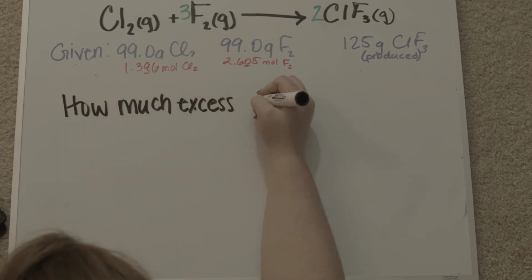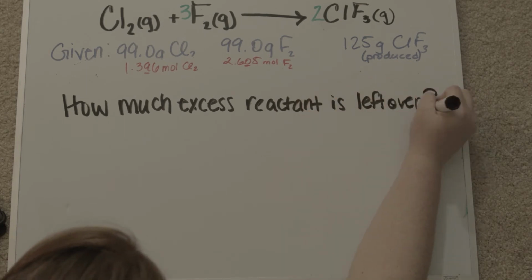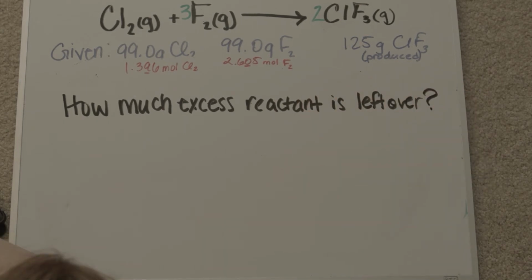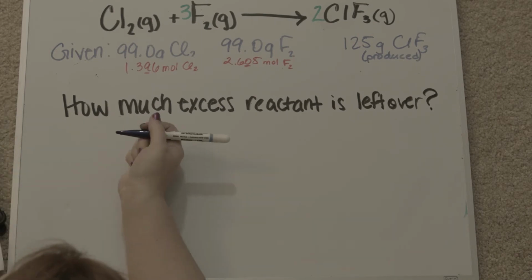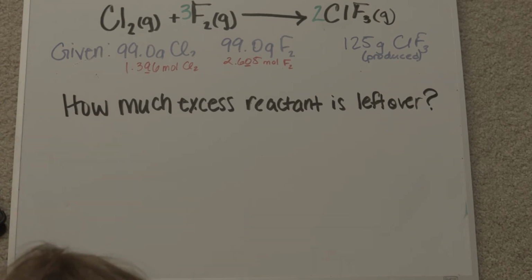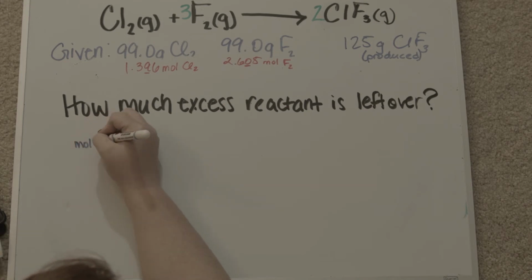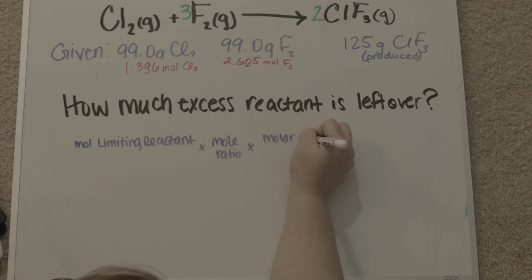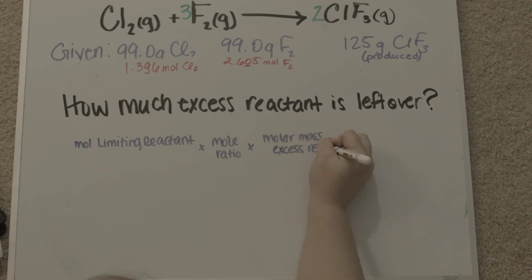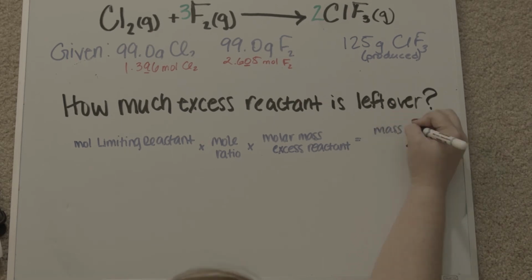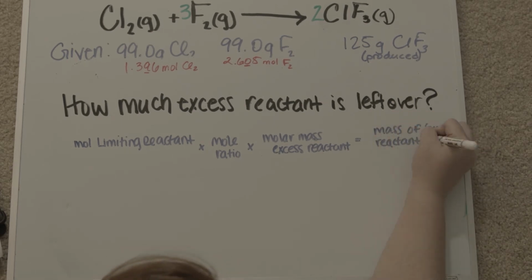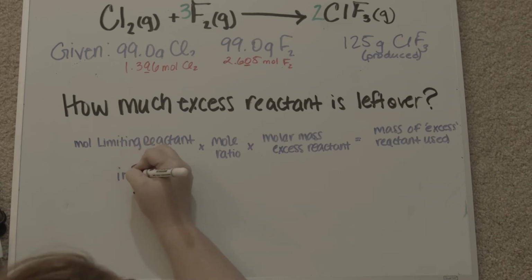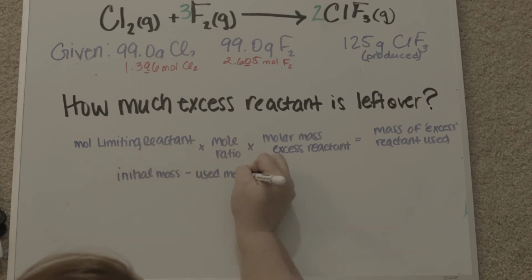So now you want to find how much excess reactant is left over. Okay, well, in order to do that, you need to multiply the initial moles of the limiting reactant by the mole ratio of chlorine to fluorine by the molar mass of chlorine to get the mass of that reactant that you used, the excess, let's just call it that.